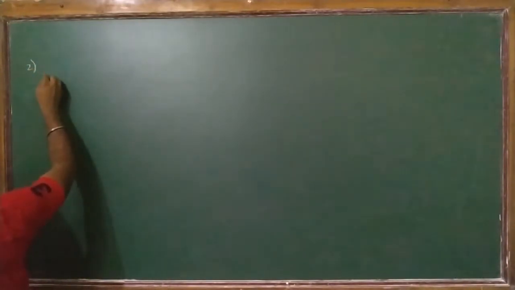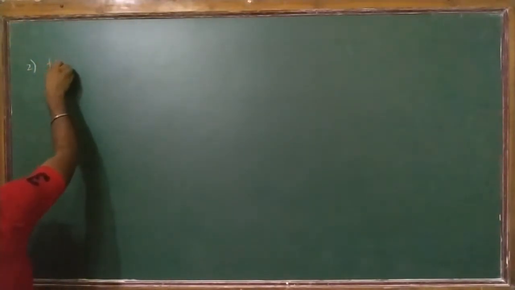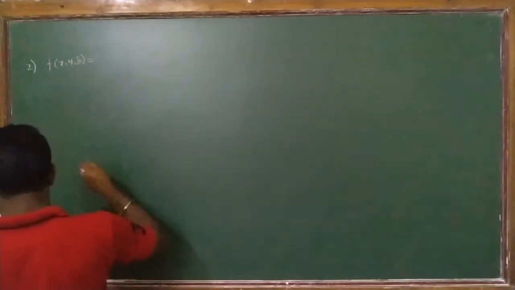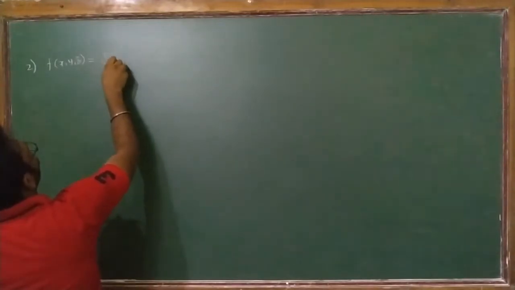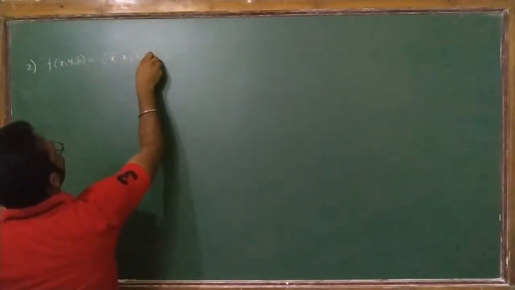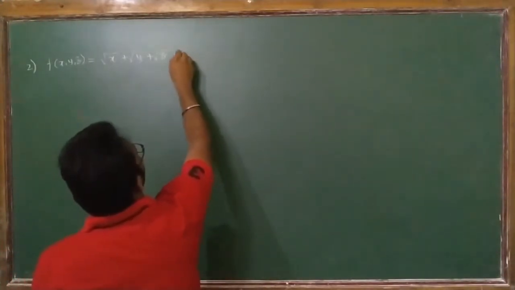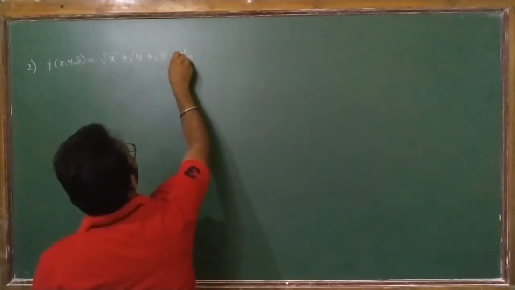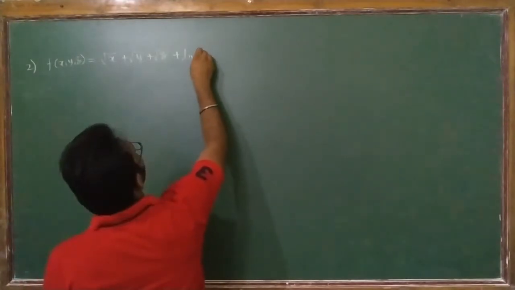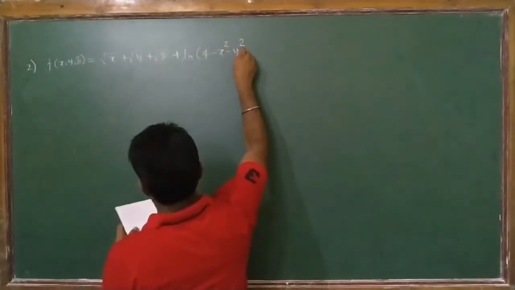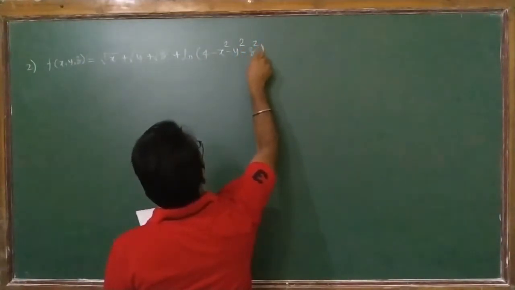The next example. The second example is f of x, y, z equal to root x plus root y plus root z plus ln of 4 minus x square minus y square minus z square.